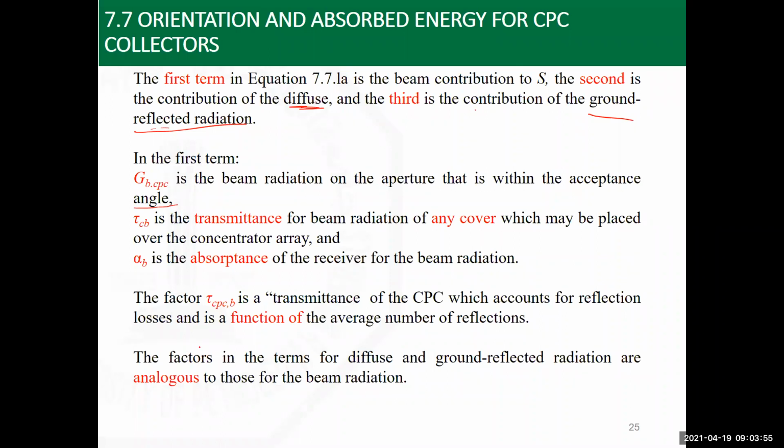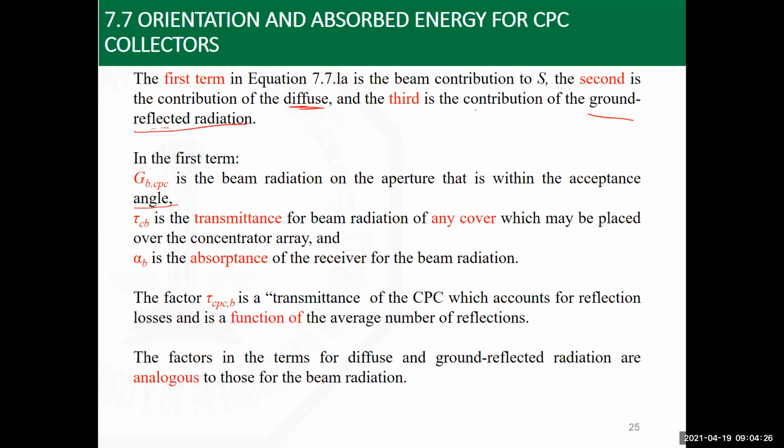Tau CB is the transmittance of the beam radiation of any cover which may be placed over the concentrator array. You may have a cover for your array. Why do we put covers? We normally put covers to reduce the amount of heat losses to the surroundings. So if you have a cover, then tau CB is going to be the transmittance of this cover. And alpha B here is the absorptance of the receiver for the beam radiation.